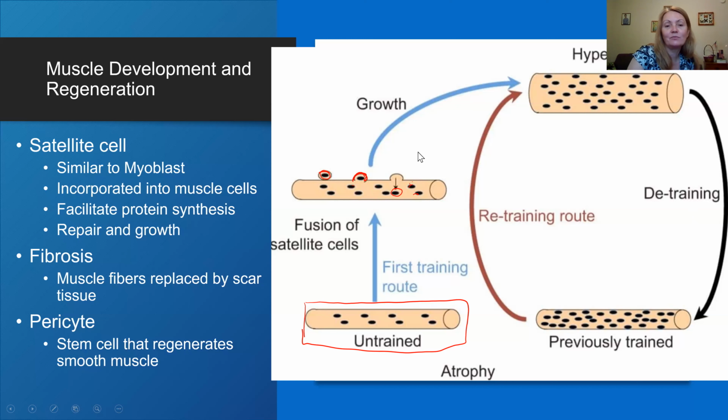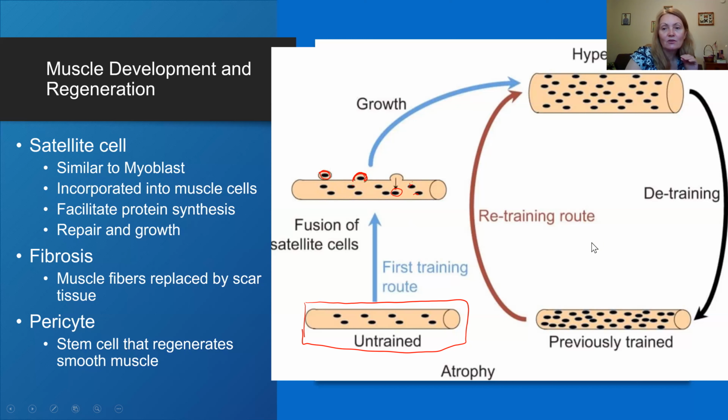So now you kind of skip the step of fusion of satellite cells. You already have all the organelles, all the machinery needed. And remember, in satellite cells you have ribosomes, right? As I said, endoplasmic reticulum. Those are just cells that have all the regular organelles of a human cell. So you pretty much can skip this fusion and go straight to hypertrophy.